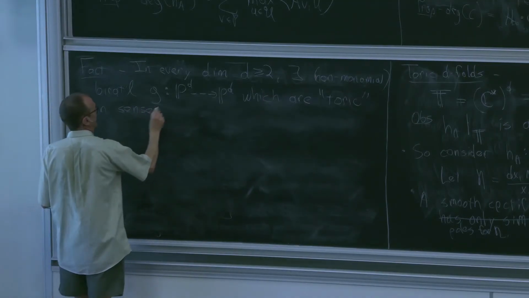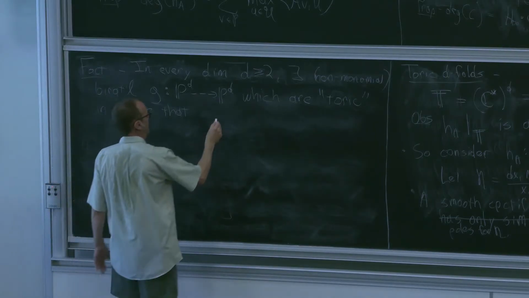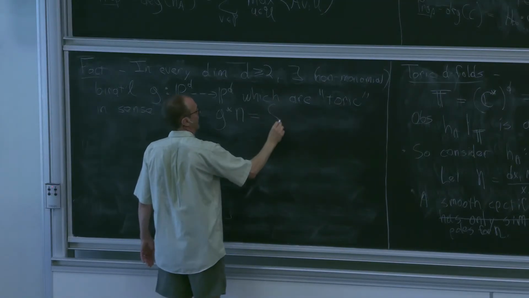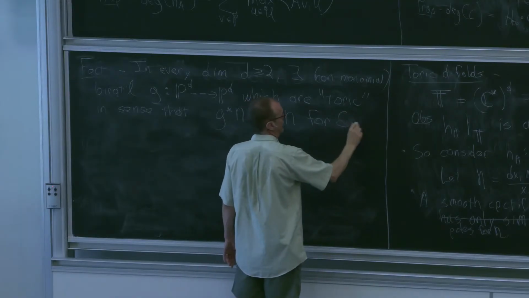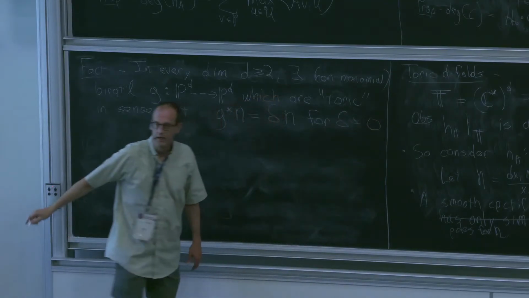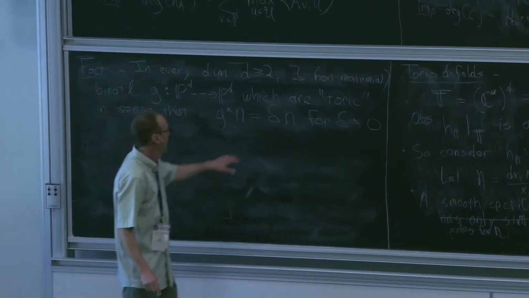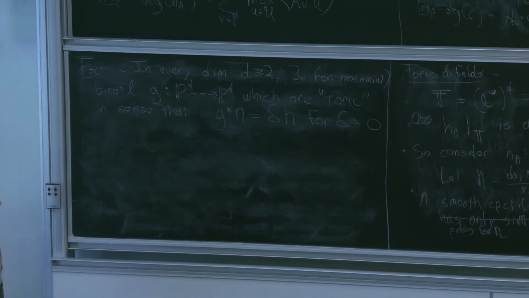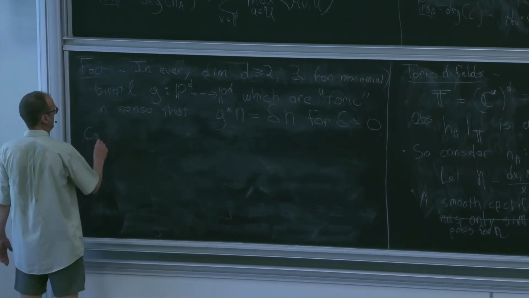in the sense that G star eta is delta eta. Okay, it still pulls back this holomorphic form on the torus and just gives it back to you with a multiple. But it's not a monomial map. Okay, so this is a little surprising. You can take G of this form.